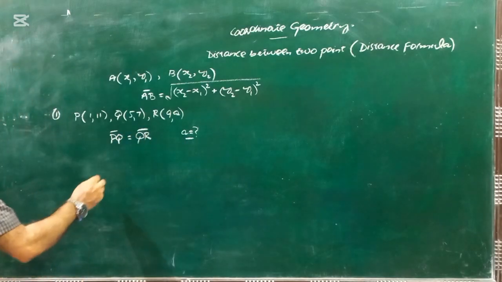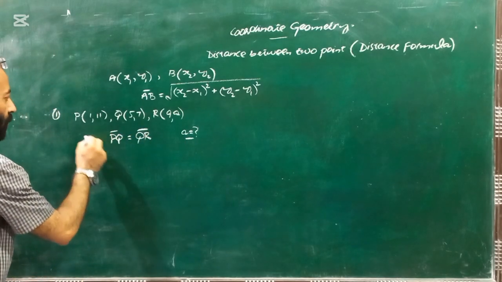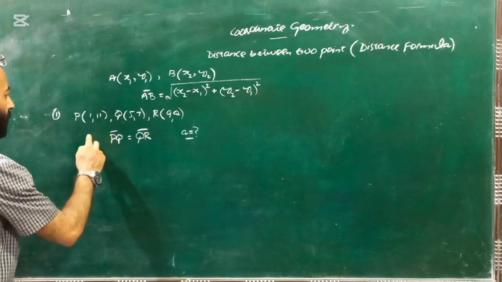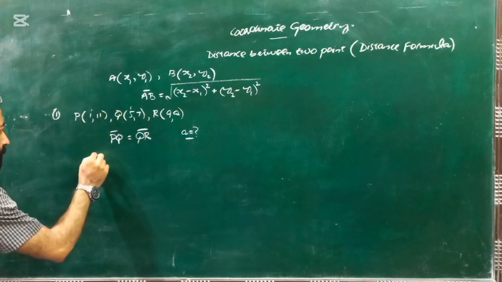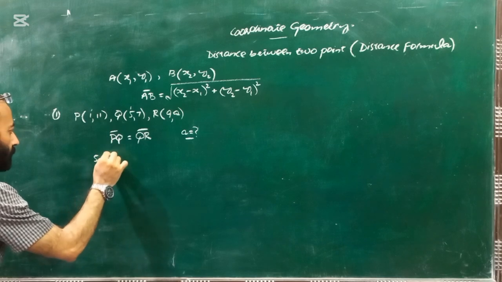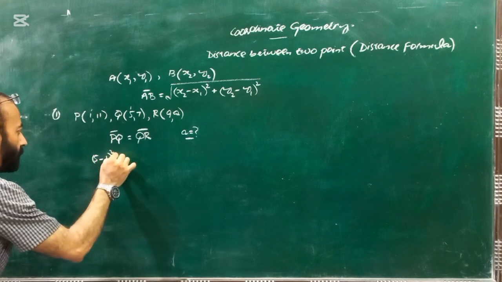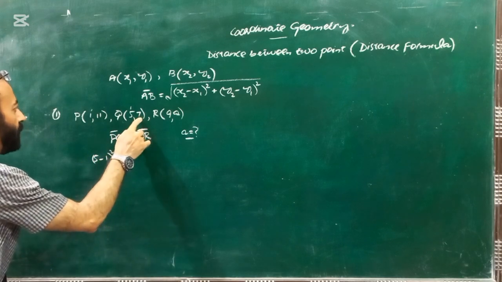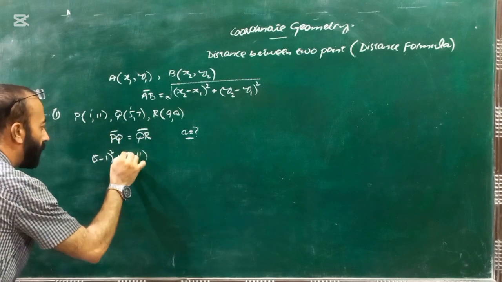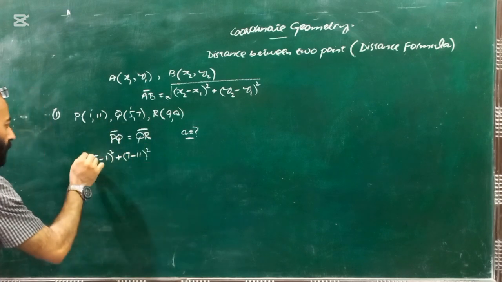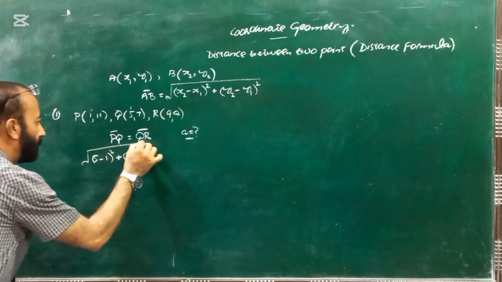So look now. First we will apply the distance formula on PQ on the left hand side. x2 minus x1, so 5 minus 1 whole square plus 7 minus 11 whole square, root.